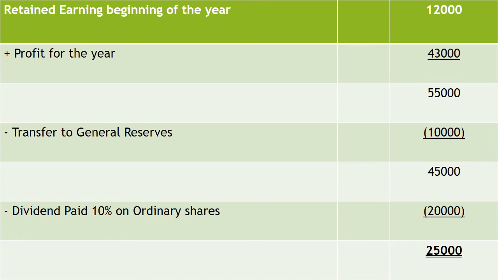When we deduct 10,000 from 55,000, it will be 45,000, and less dividend paid, 10% on ordinary shares, 20,000. When we deduct 20,000 from 45,000, it will be 25,000. That is the correct option for retained earnings at the end of the year.